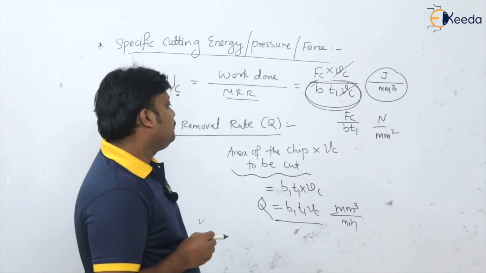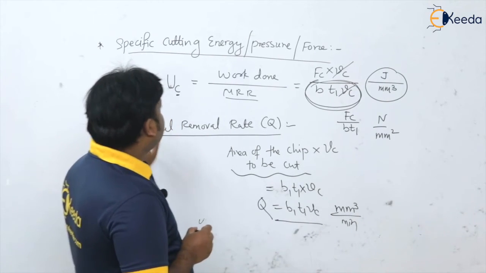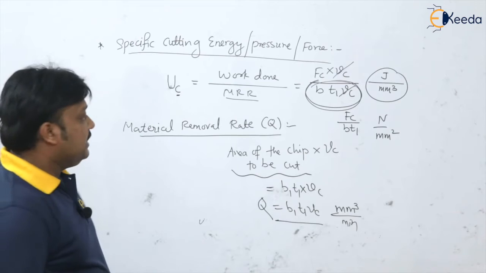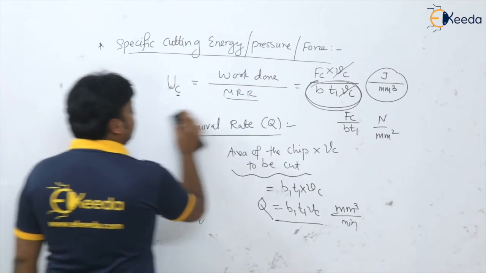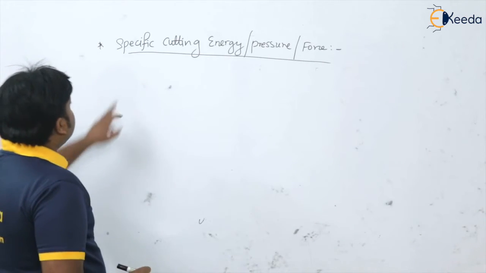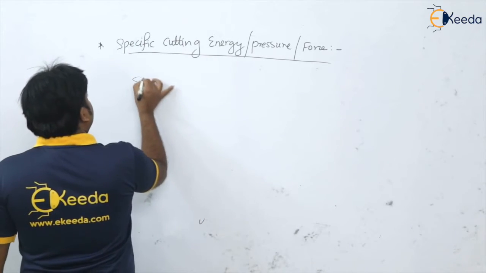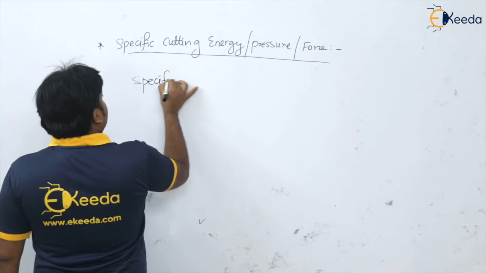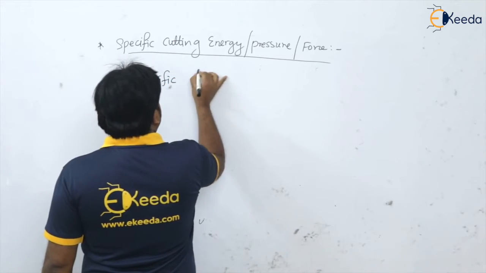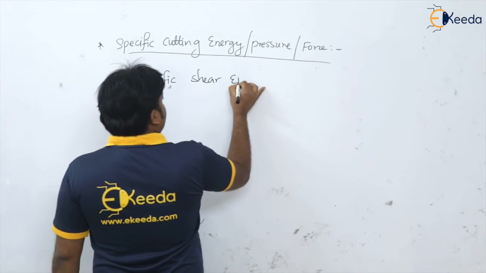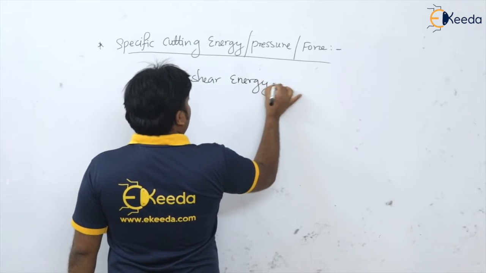Please remember, this is the specific cutting energy. In the same fashion, as we define the specific cutting energy, we can also define the specific shear energy. How to define it?